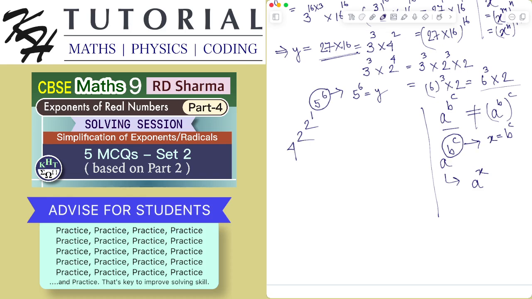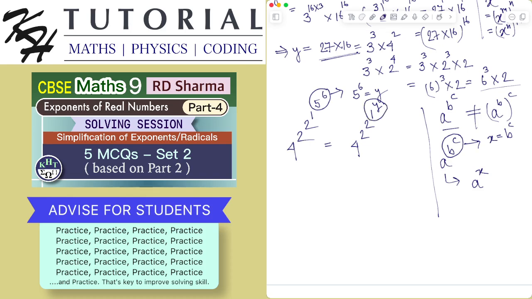Whatever that integer is, let's call it y. So now this becomes 4 to the power 2 to the power 1 to the power y. Next I will evaluate 1 to the power y.